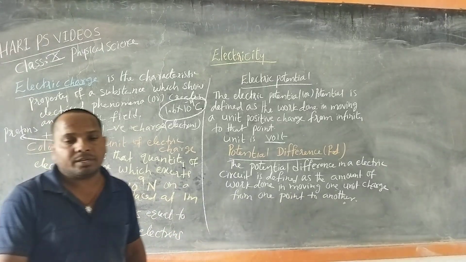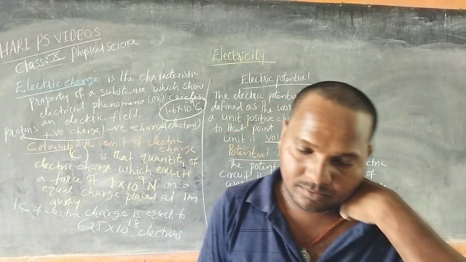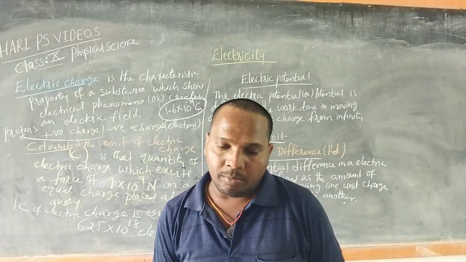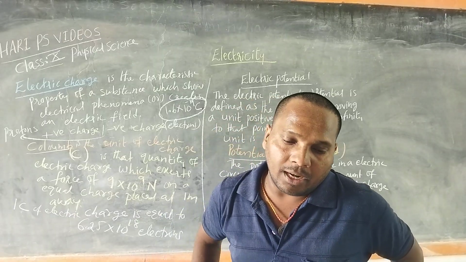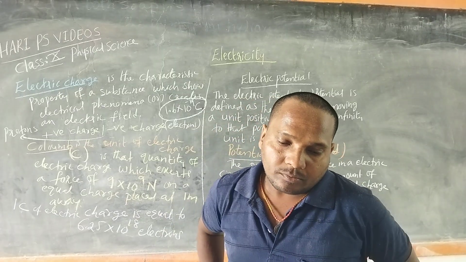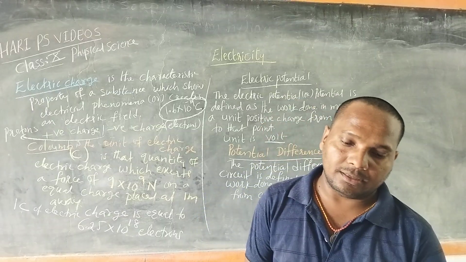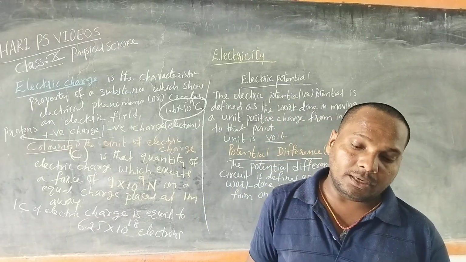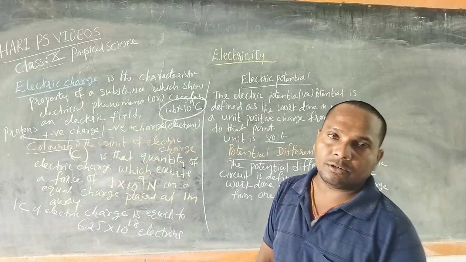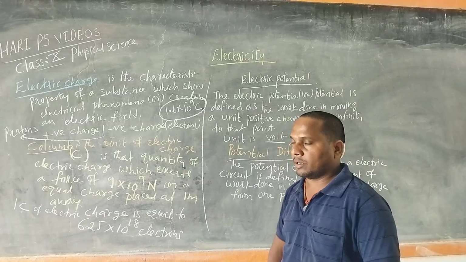Thus the coulomb is a very big unit of electric charge.